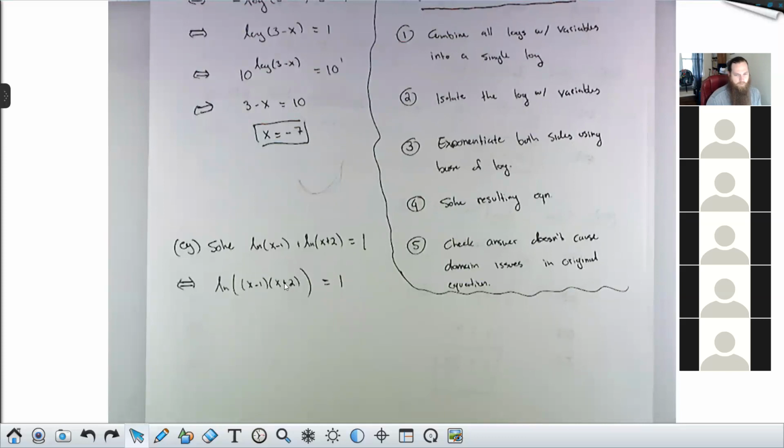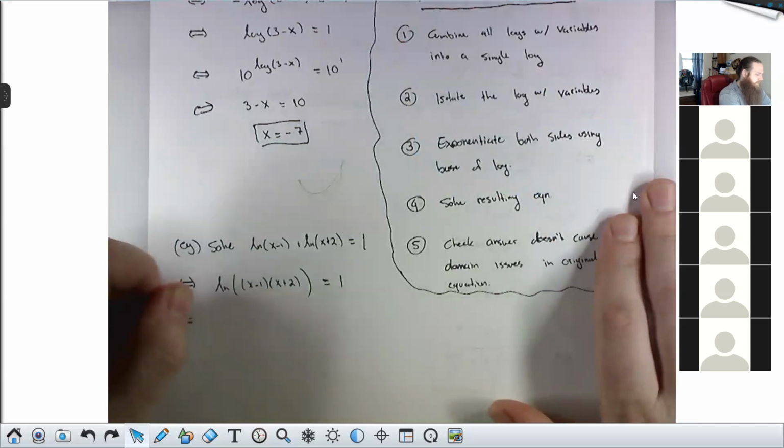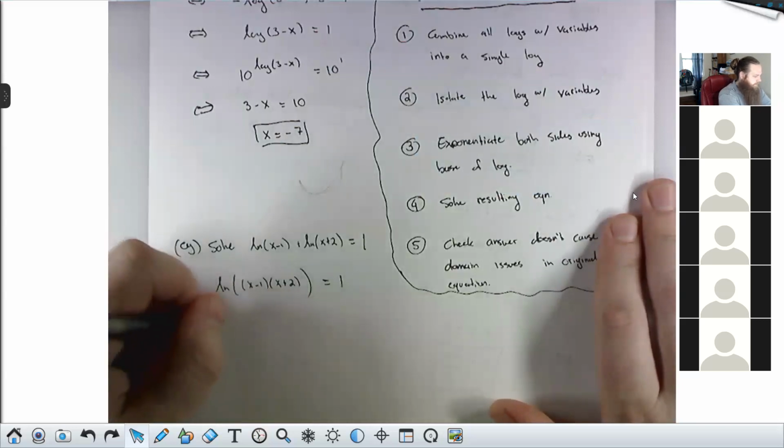Now, inside here, I can FOIL this out if I want, or I could leave it as it is. But if I'm going to solve the equation, I've isolated my log with the variables. There's no other logs or variables floating around. I need to exponentiate both sides using the base of the log. So I'll have e to these.